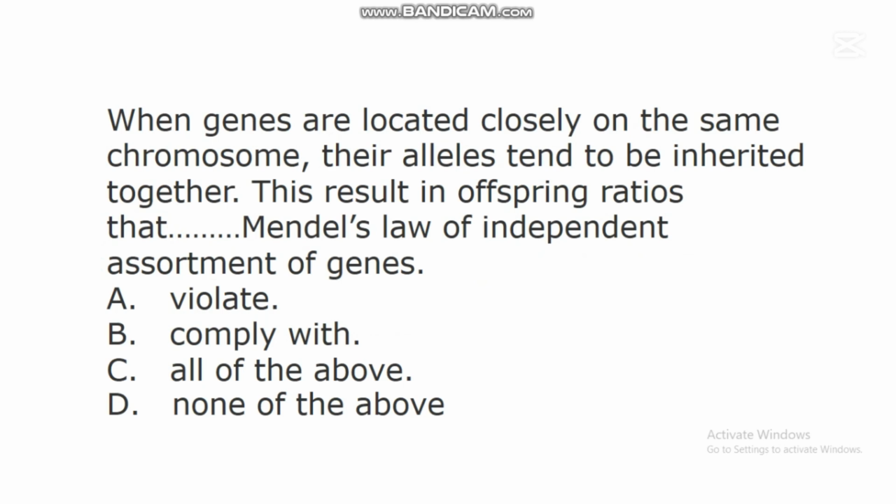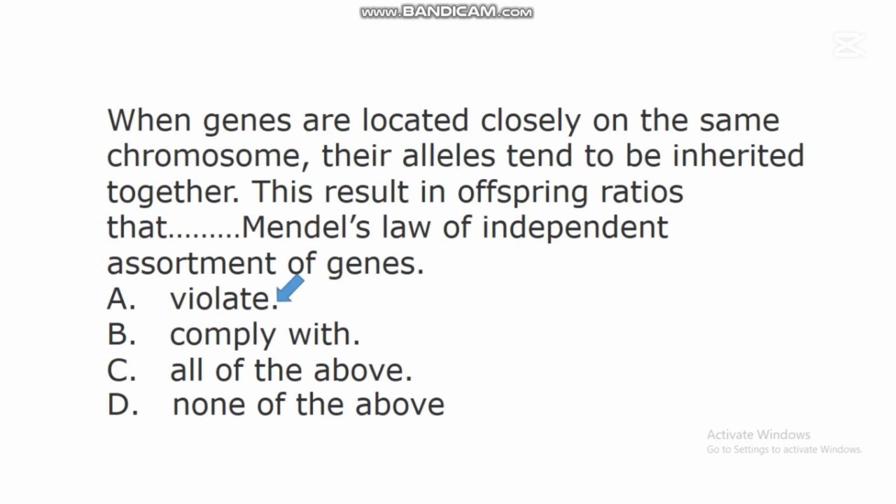B. Comply with Mendel's law of independent assortment of genes. C. All of the above. D. None of the above. In this question, the correct answer is A. Violates Mendel's law of independent assortment of genes.